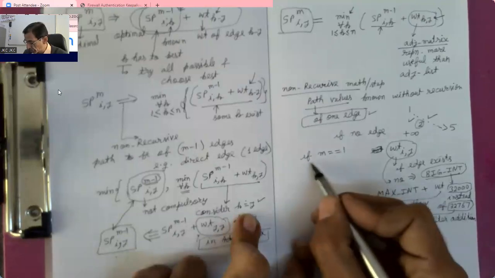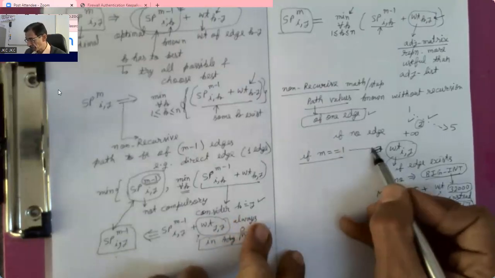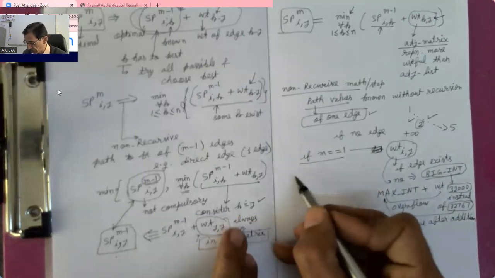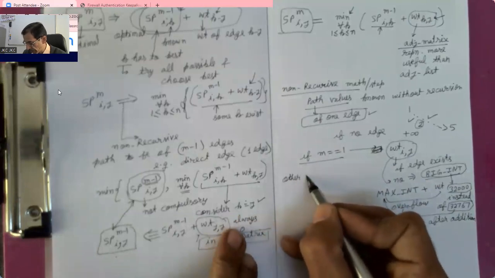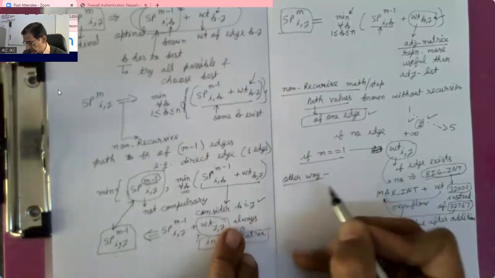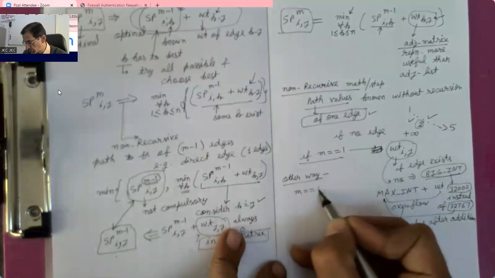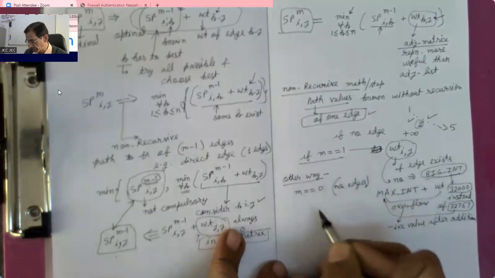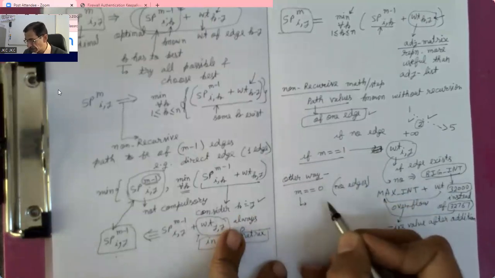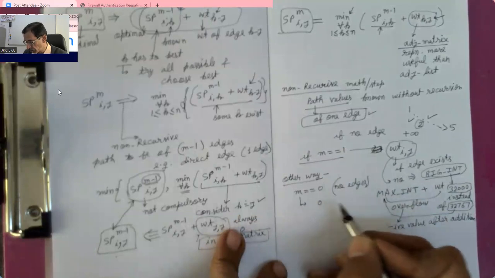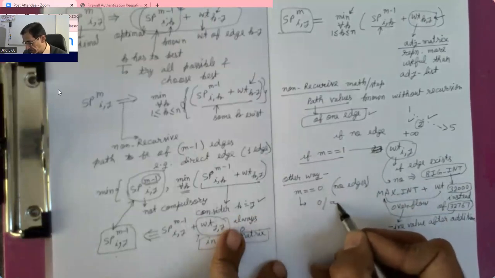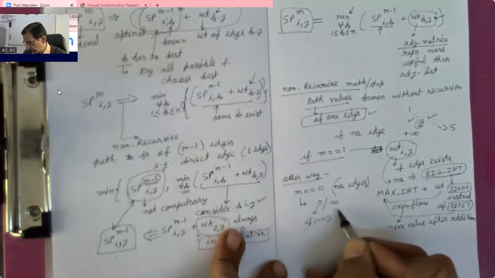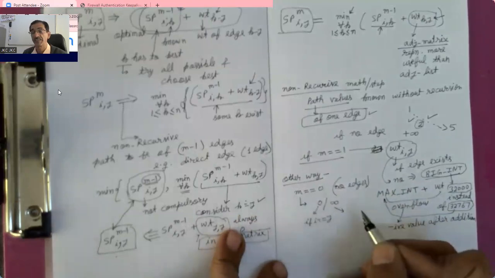But I say if m equal to 1, my weight is simply directly the value, and that can be the non-recursive step. Of course, another non-recursive way is to take it down to 0. m equal to 0 means no edges, so the shortest path value will be either 0 or infinity. 0 if i equals j, otherwise infinity because the path doesn't exist.